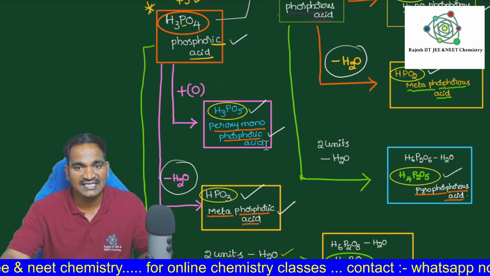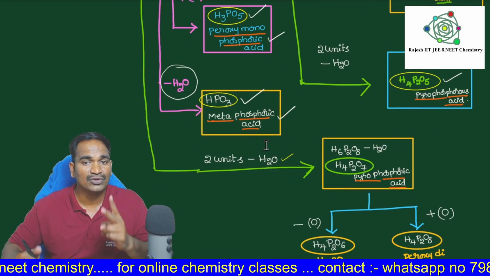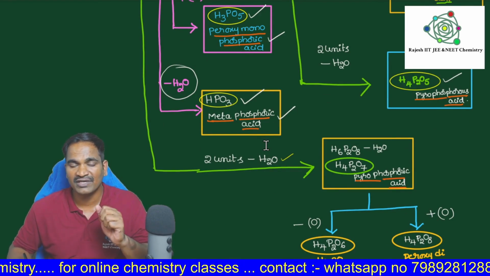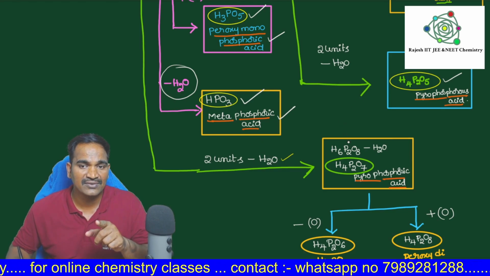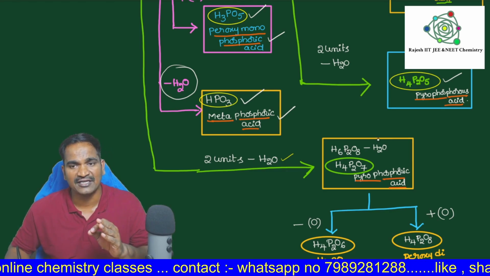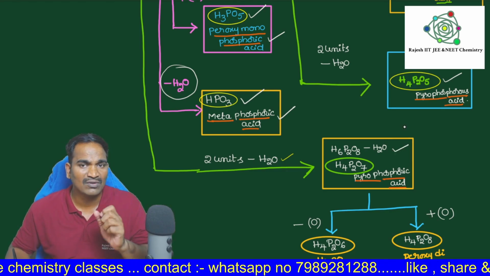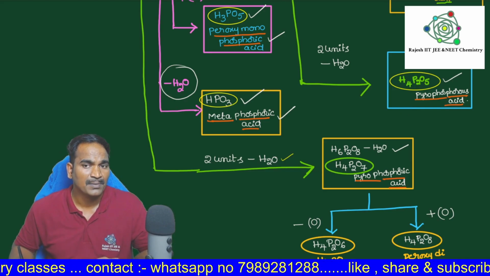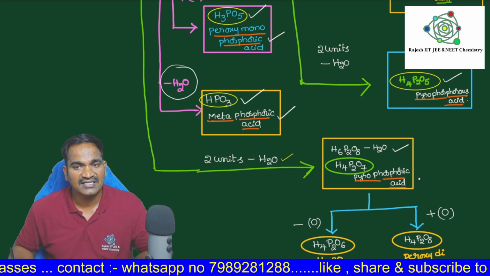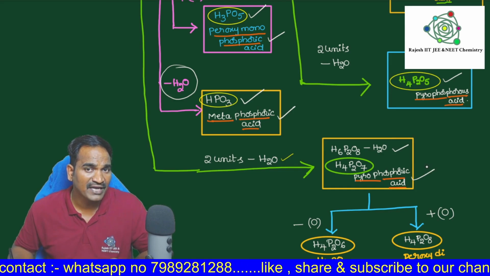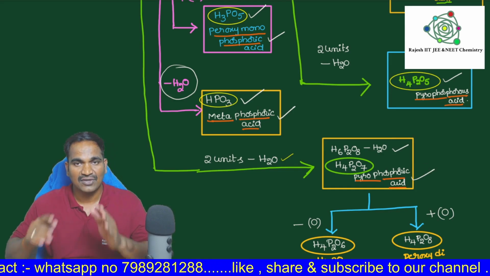Now coming to the next step, here I am taking 2 units of phosphoric acid. From that we are removing one water molecule. If you take 2 units, H6P2O8. From that you remove one water molecule, it becomes H4P2O7. Its name is pyrophosphoric acid. So up to here clear?